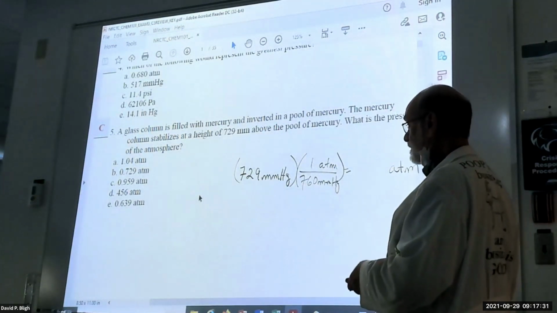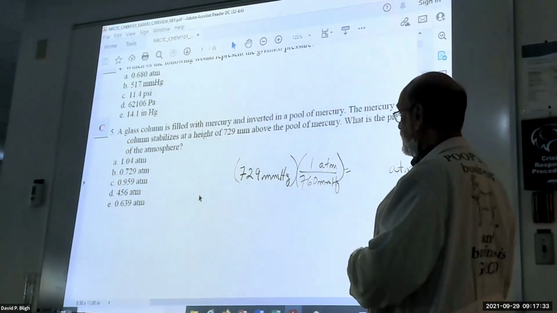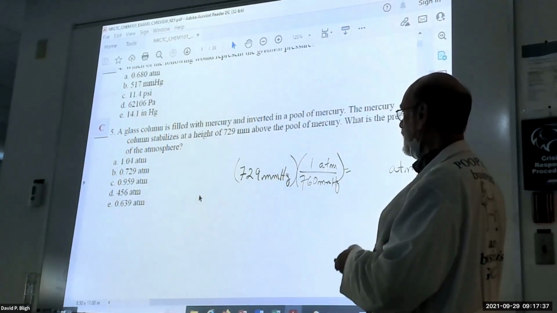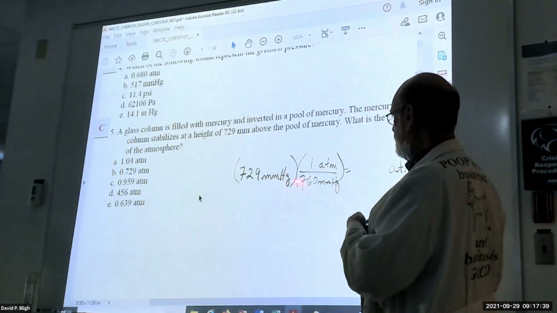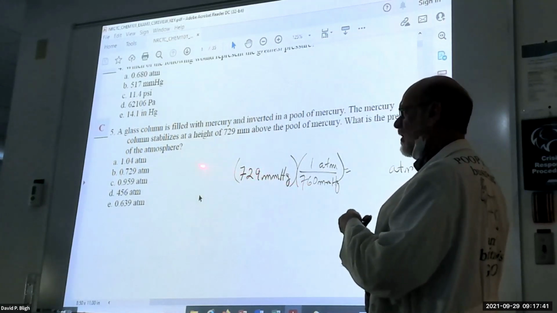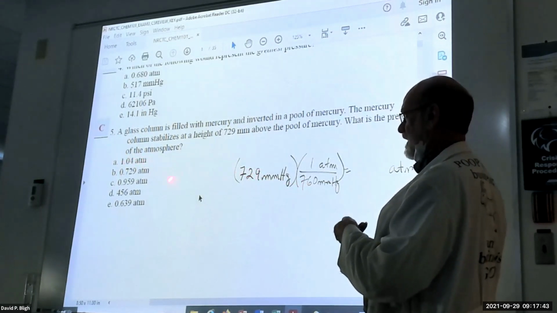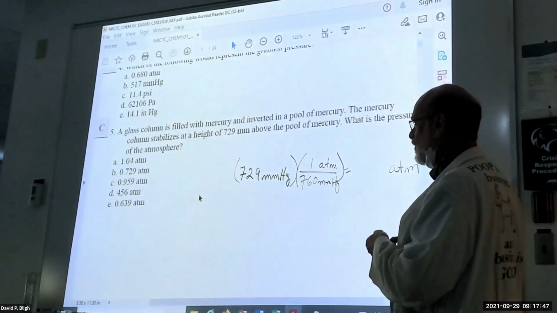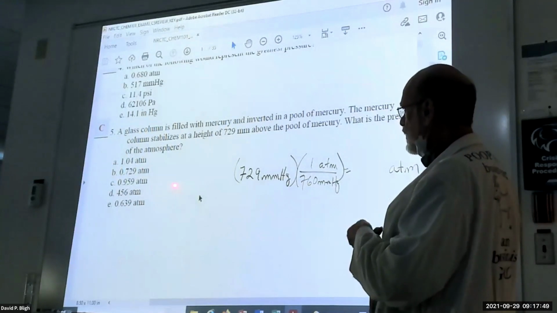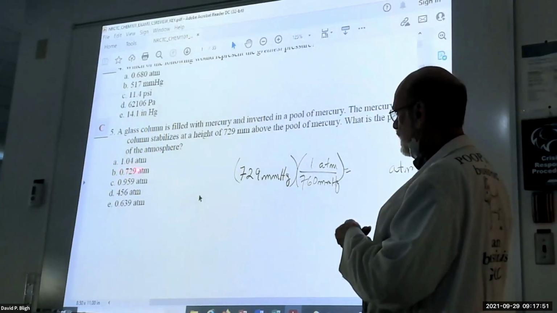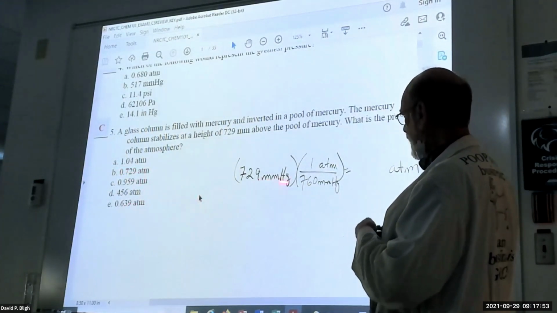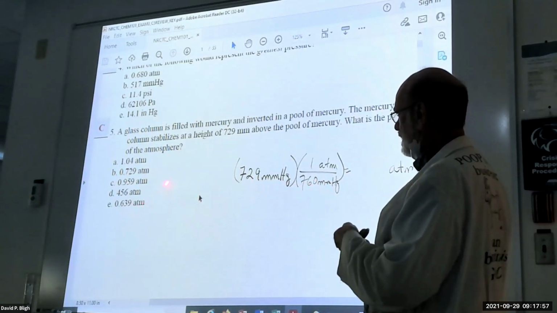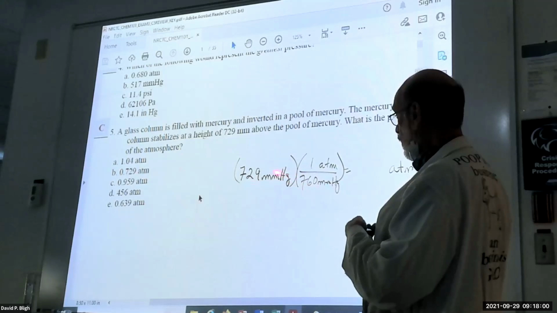We can probably estimate that without even doing a calculation, right? 760 and 729, it's not going to be more than one. Definitely not 456 atmospheres. So it's going to be less than one. So it could be either this one or this one or this one, right? That's not anywhere near half of this value, so it can't be that. Is it 3/4?